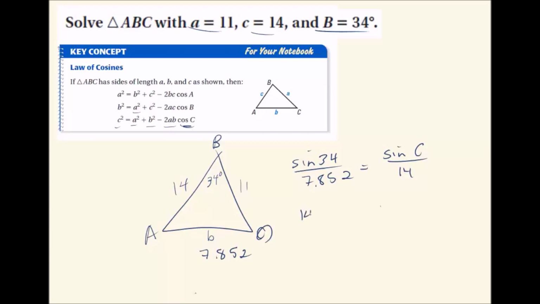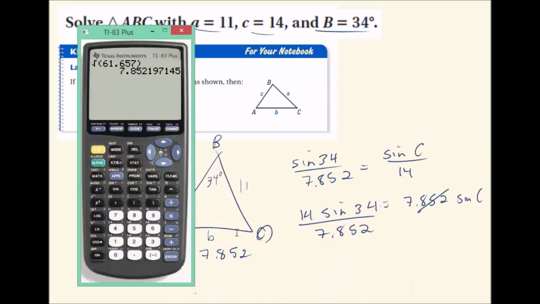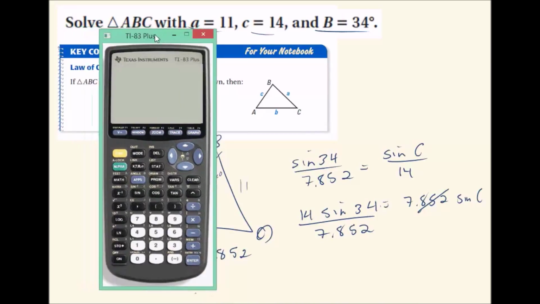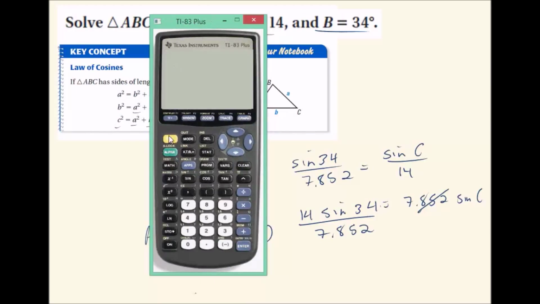Cross multiply, divide by that, and that equals sine C. I chose the law of sines because I thought it'd be easier, but you can use the law of cosines as well. It's just really going to be choosing whatever's easiest for you. As long as you only need to find one part of it, then you can use that equation. You have a lot of choices at this part.